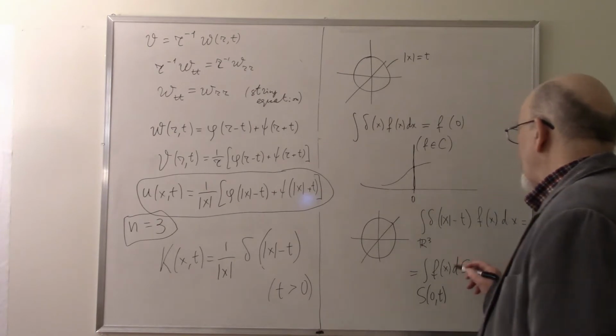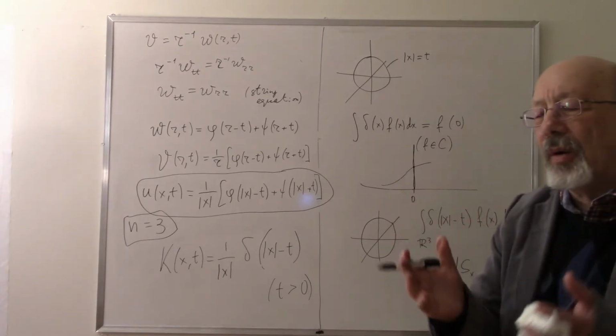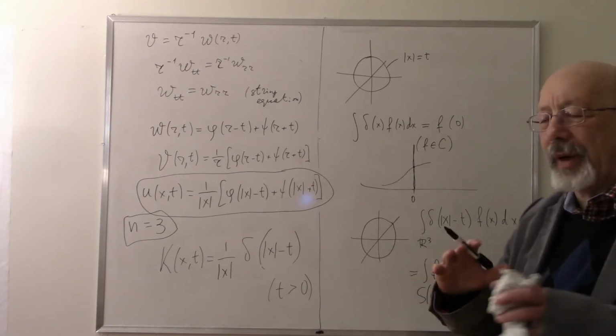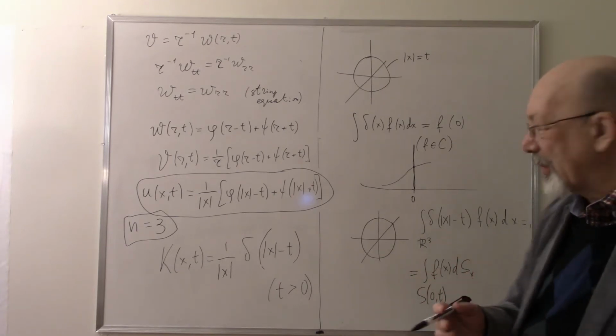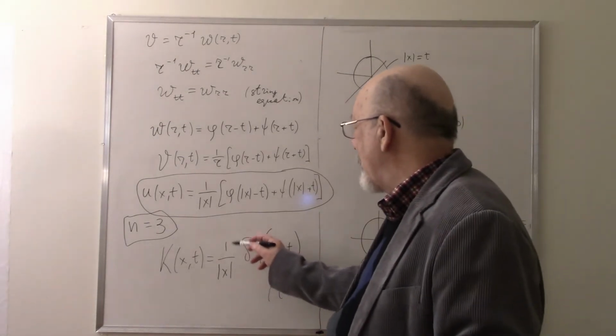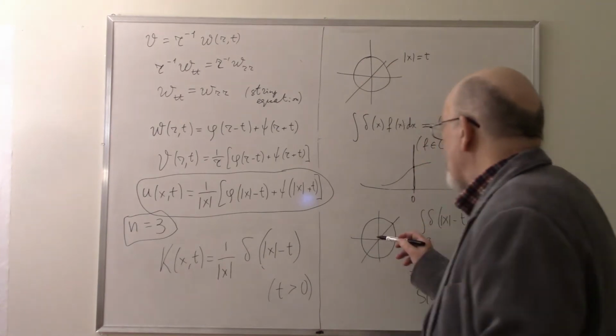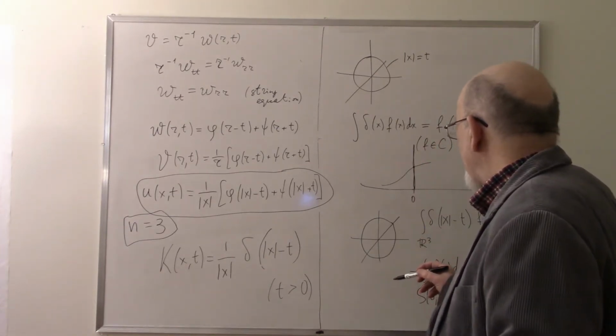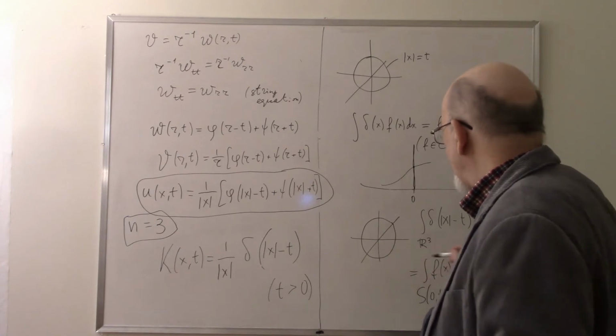So it is the integral over the sphere of the function, where dsx is the element of area on the sphere. And here it is multiplied by 1 over module x. So what is module x? Module x is just t.